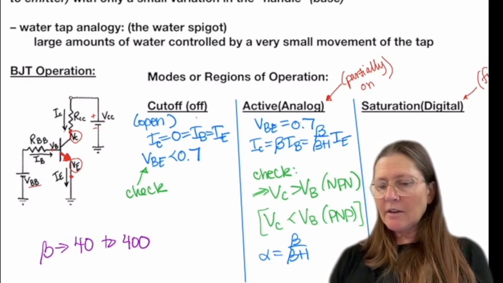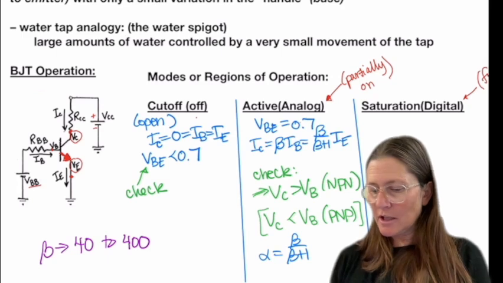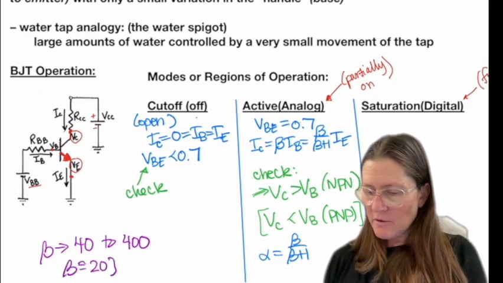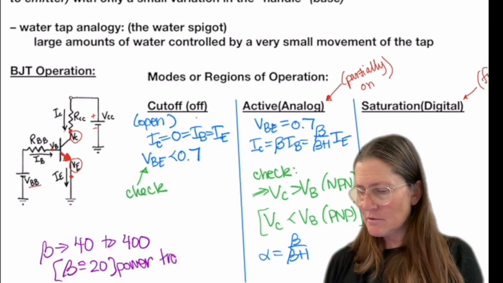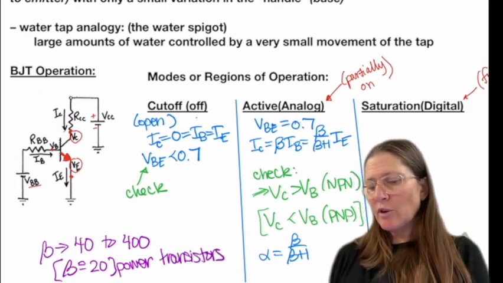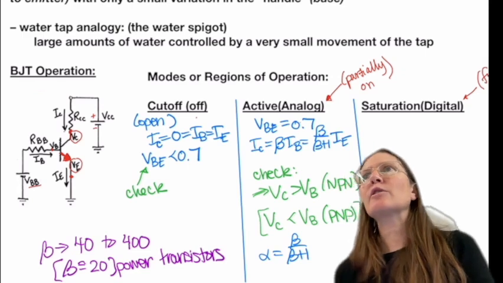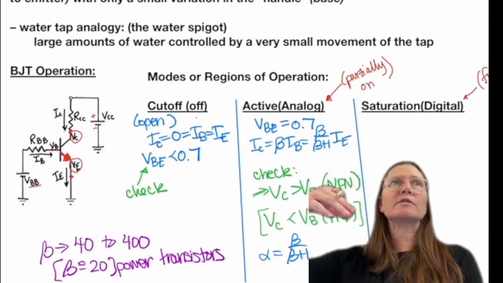It can even be 20 for what we call power transistors. So it's the number of electrons making it across the collector. The higher the number, the easier it is for those electrons to come across.